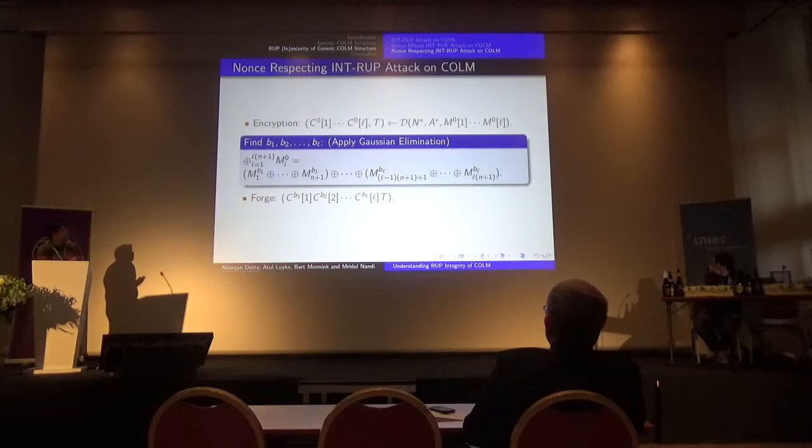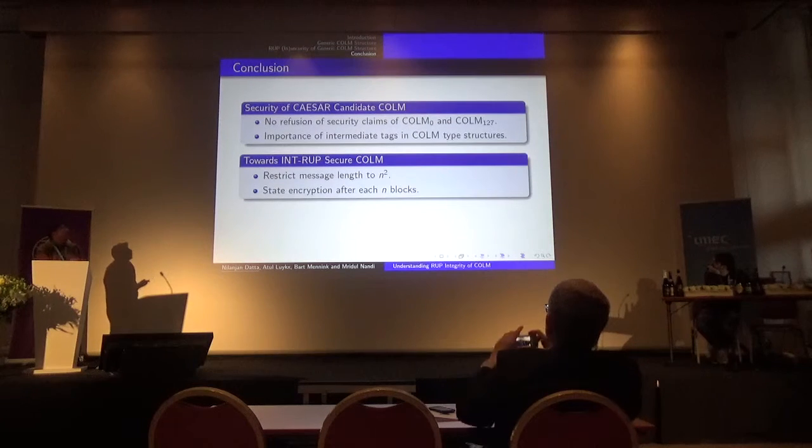Then we need to find B1 to BL such that this checksum matches with this checksum. Actually, if we take L greater than N, then this should match with very high probability. We will find one such B1 to BL, and using that we forge with this.